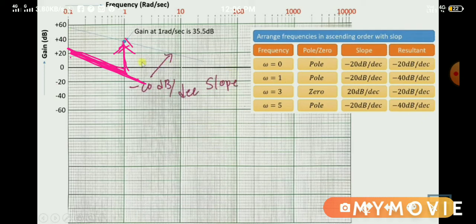Take one parallel line from here to here, keep the scale at minus 20, then drag the line from this minus 20 line till omega c1 equals 1.